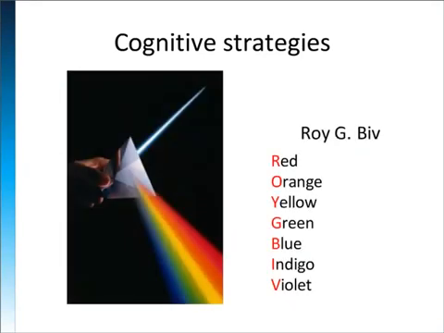An example cognitive strategy is the mnemonic device for learning the colors of the rainbow, Roy G. Biv, or red, orange, yellow, green, blue, indigo, and violet. Cognitive strategies can also be rehearsal strategies like repetition or backwards chaining. Simple strategies like these can help one remember facts, but the use of these strategies is kind of rare.